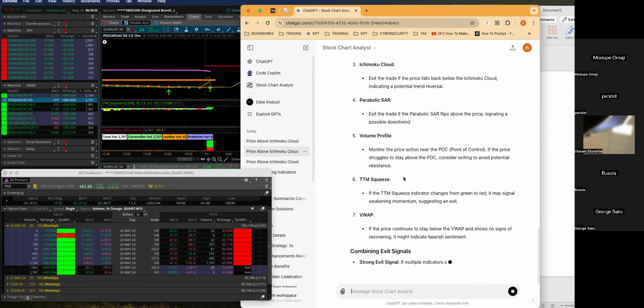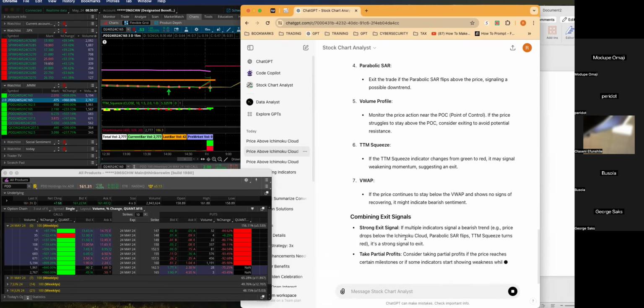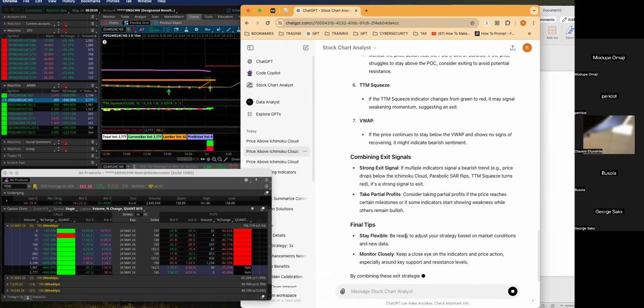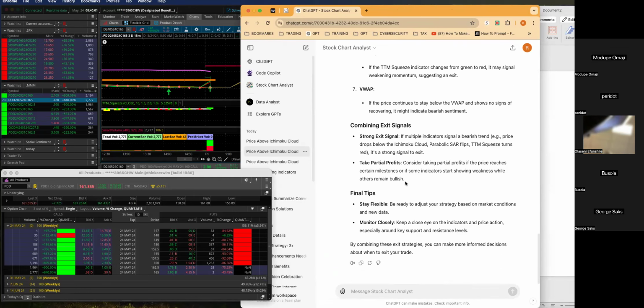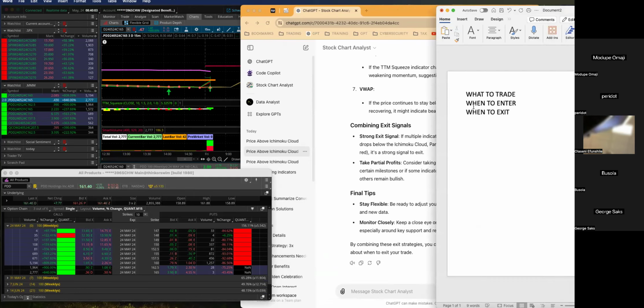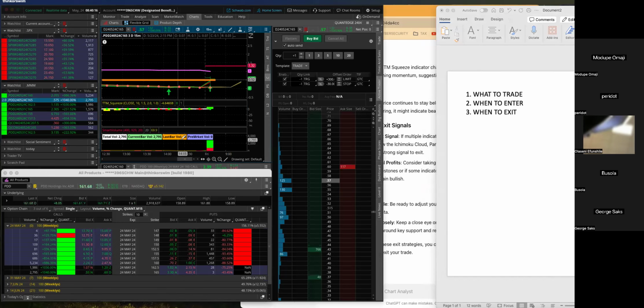It will give you ways to exit, the exit signal. So this is completely AI driven. It has answered question number 2. It can also answer question number 3 for you. Question number 1 is what this platform does.